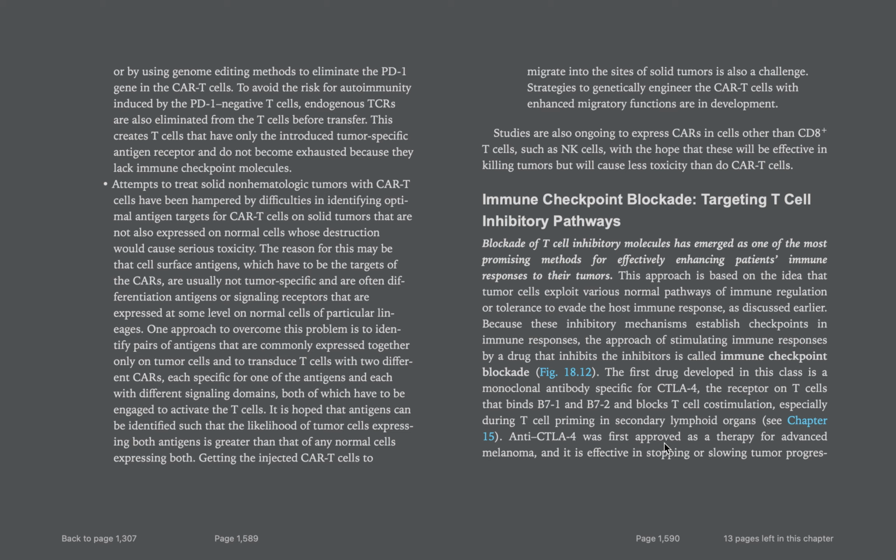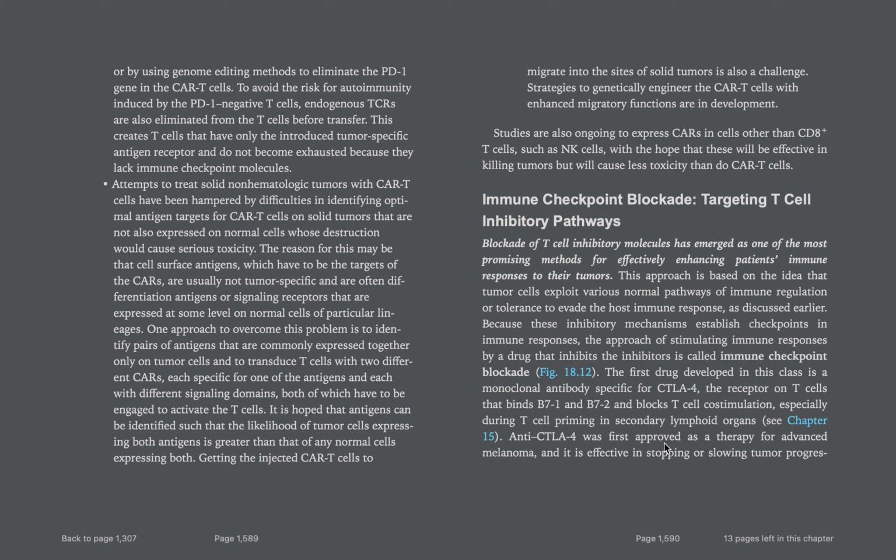Attempts to treat solid, non-hematological tumors with CAR T cells have been hampered by difficulties in identifying optimal antigen targets for CAR T cells on solid tumors that are not also expressed on normal cells whose destruction would cause serious toxicity.